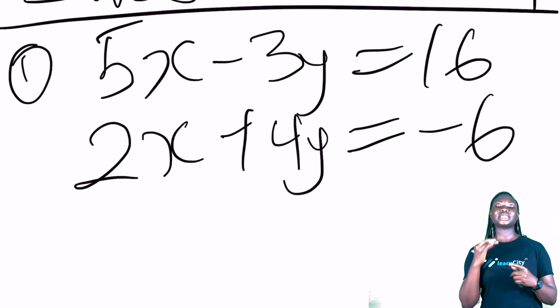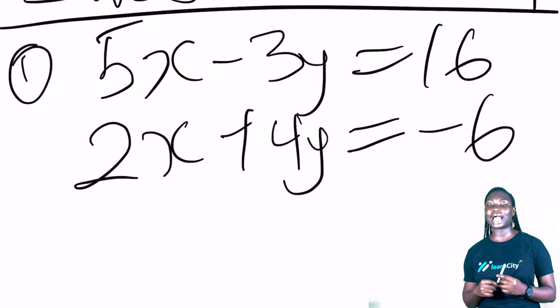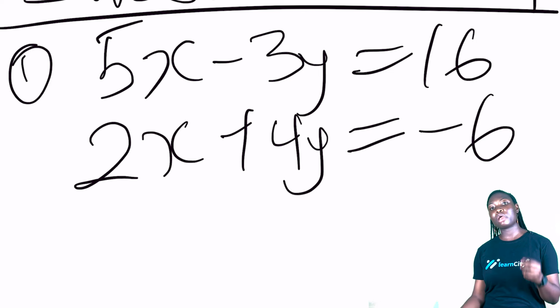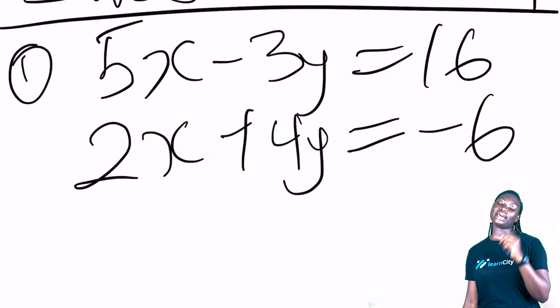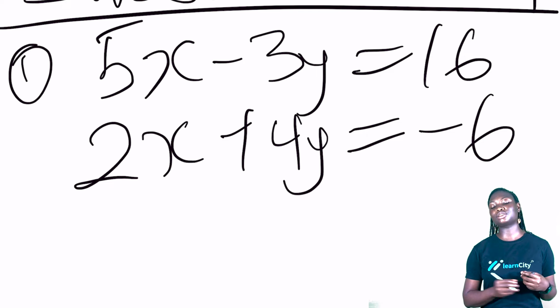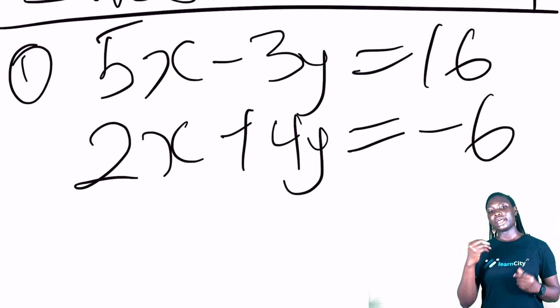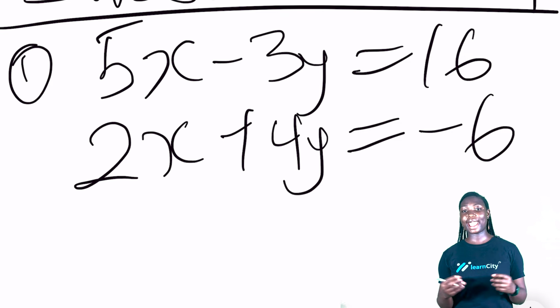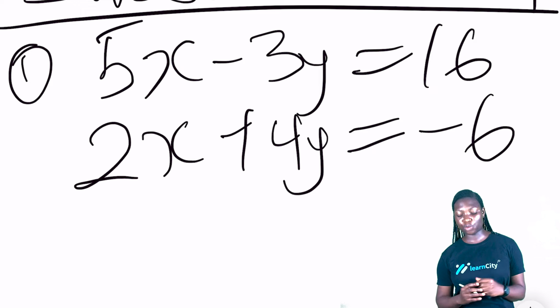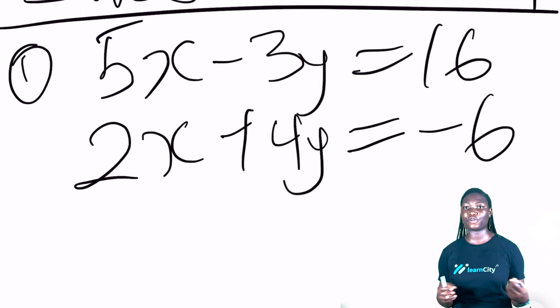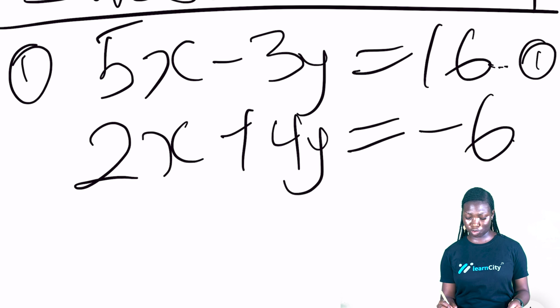In the substitution method, basically what we do is we collect like terms, where we make either x or y the subject of the formula, then we input it into the second equation, thereby using it to solve for our x and y. So we make y the subject or x the subject of the formula in our first equation.